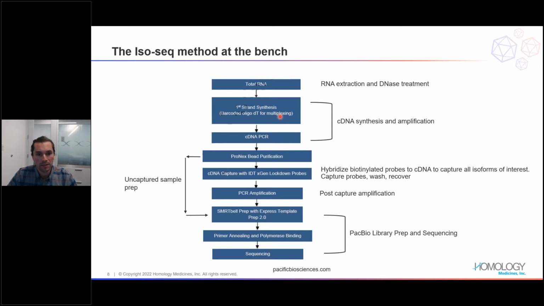You do cDNA synthesis and amplification, and then you do some hybrid capture. For those who don't know what that is, they are biotinylated probes. The ones we use are approximately 120 nucleotides long, and you're basically capturing only those cDNA sequences that you want.